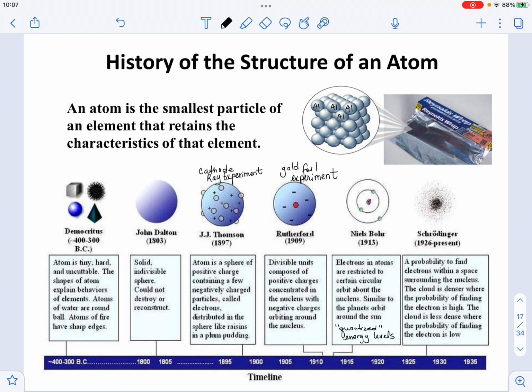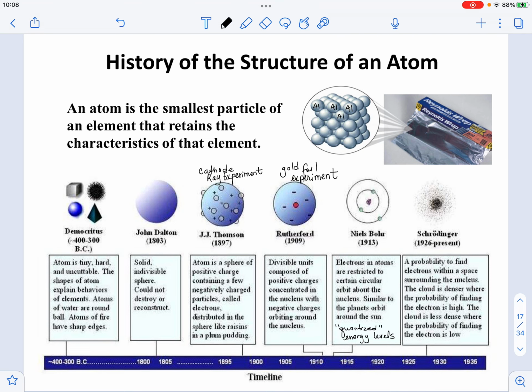to make that substance. Now, when it comes to the history of how we came to understand the electrons and the protons and the neutrons, understand that it all started around 400 to 300 BC with the Greek philosopher Democritus.